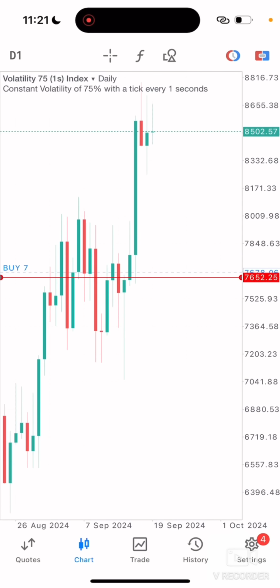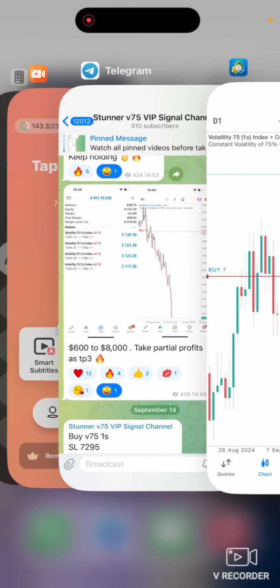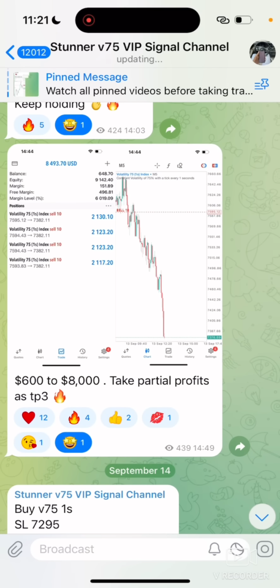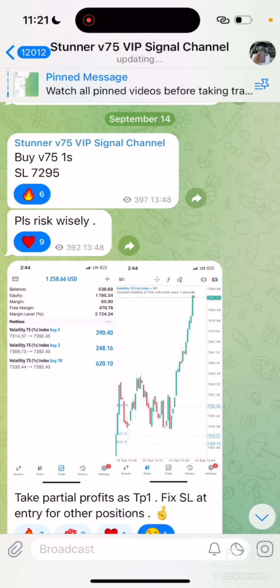This trade was also given in my VIP signal group. The account was $500 at first. I grew it to over $6,000, and then I withdrew $4,000.